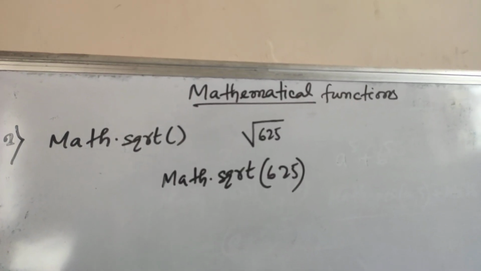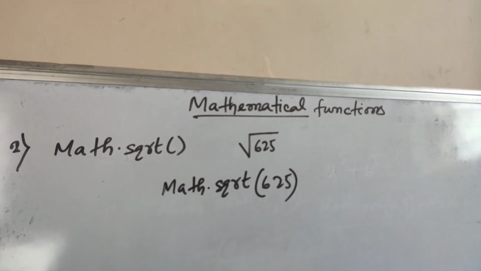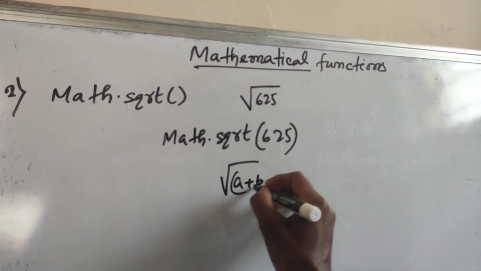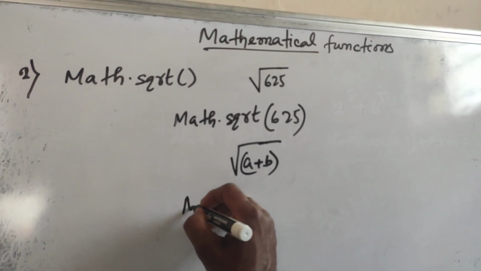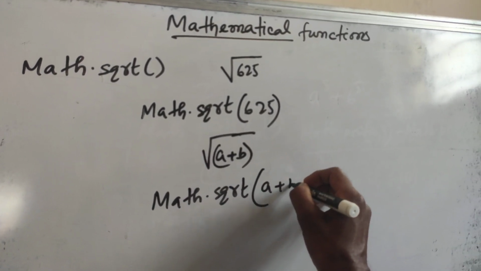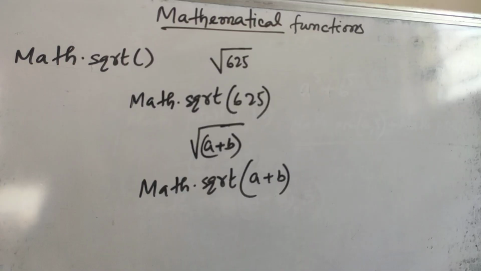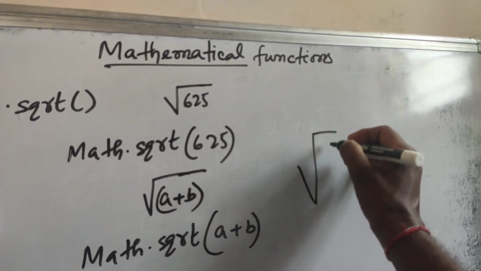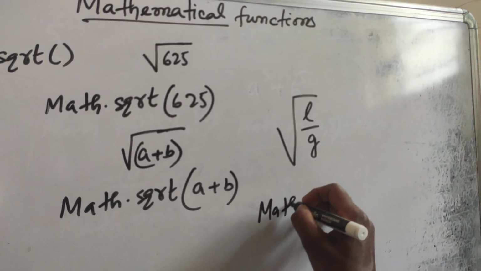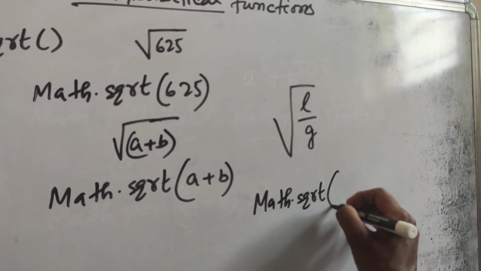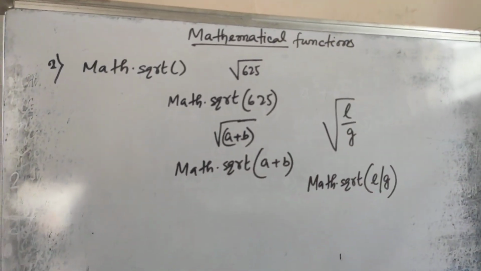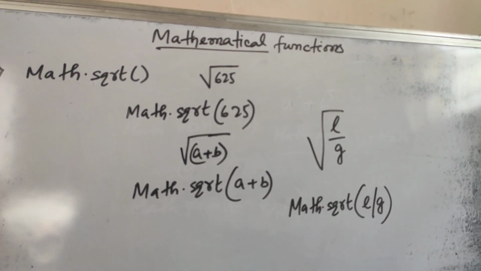The output variable's data type should be double. So the square root result, the computer will display 25. Now if it is the square root of a plus b, you need to write math.sqrt of a plus b. Where you get a square root symbol over L by G, you need to write math.sqrt of L by G.